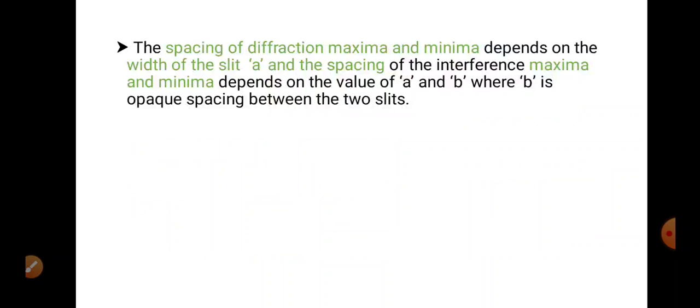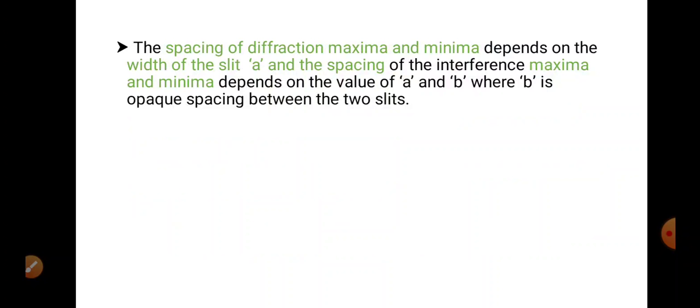Next difference is that the spacing of diffraction maxima and minima depends on two factors. One is the width of each slit, which we consider here as a, and the spacing of the interference maxima and minima depends on the values of a and b, where b is the opaque spacing between the two slits. b is nothing but the distance between the two slits.